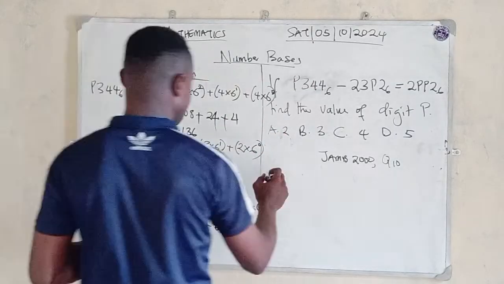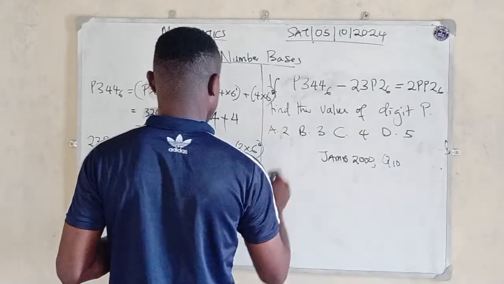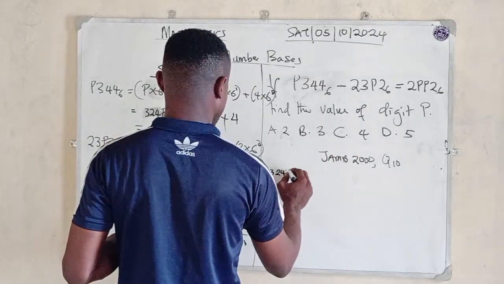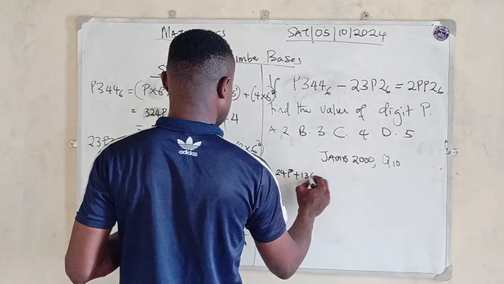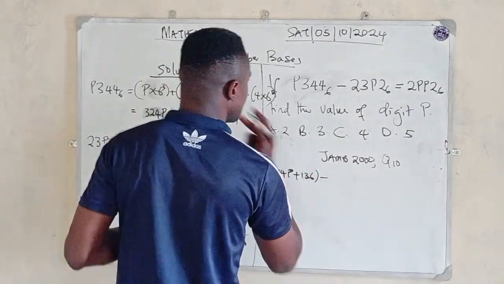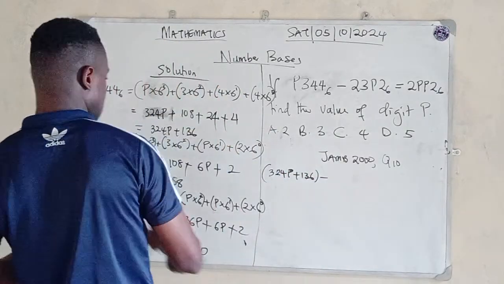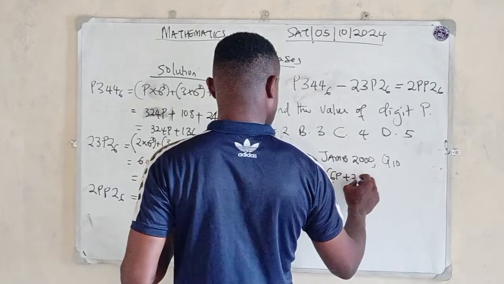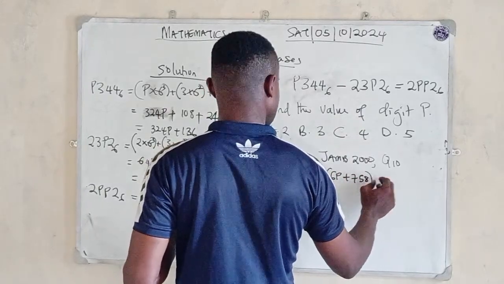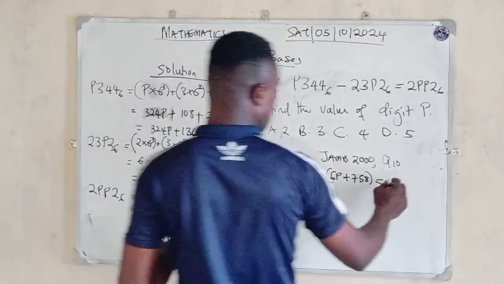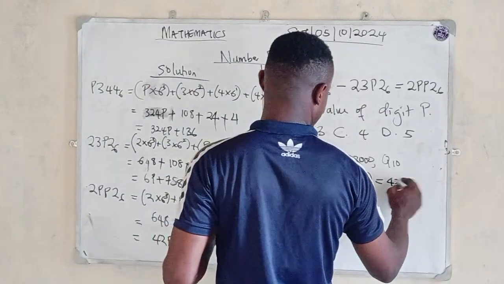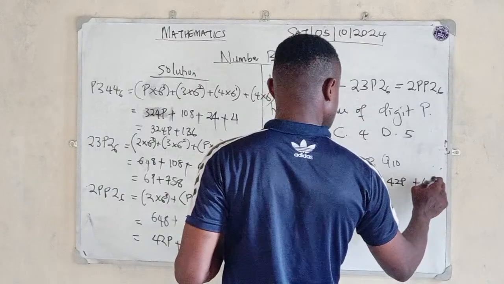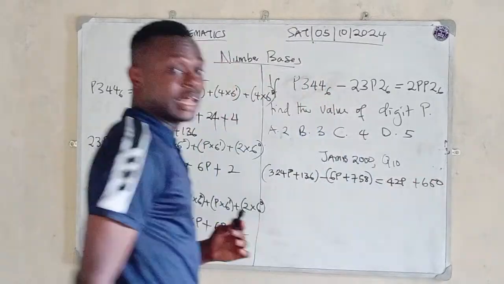The first one is 324p plus 136 minus 6p plus 758 is equal to 42p plus 650. So let's collect like terms.